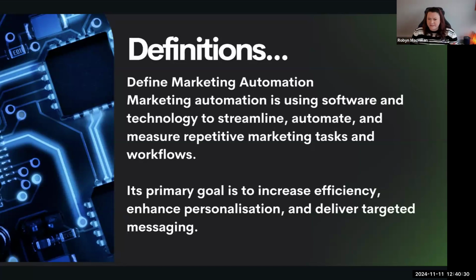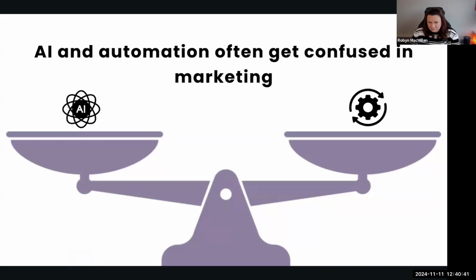So they're the definitions that we want to look at, right? So it's MarTech, automation, it's your MarTech stack. But something else that we need to look at is that AI and automation often get confused within marketing technology. And I suppose at the base of it, it is because both aim to improve efficiency, personalization, and scalability, but they operate incredibly differently.